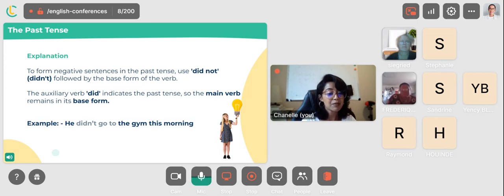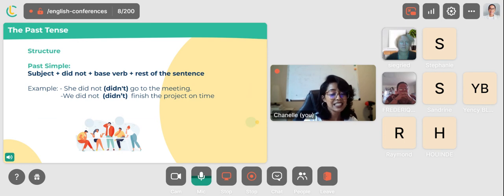The auxiliary verb did indicates the past tense, so the main verb remains in its base form. For example, he didn't go to the gym this morning. Vous pouvez voir qu'en fait, c'est que l'auxiliaire qui change. C'est pas le verbe principal.